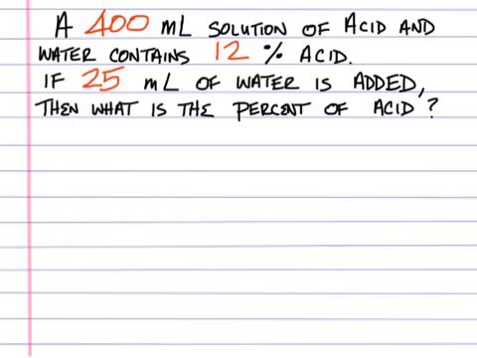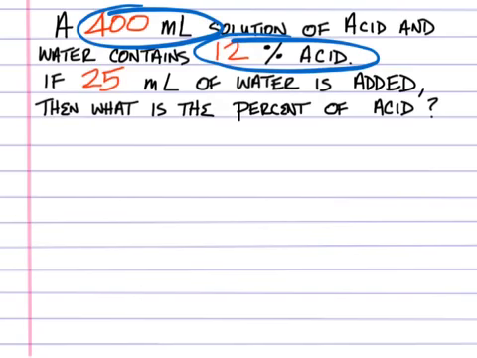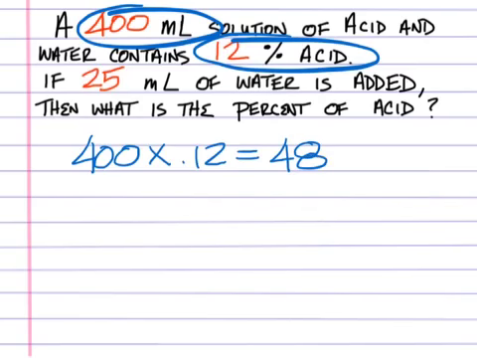Practice number 3. A 400 milliliter solution of acid and water contains 12% acid. If 25 milliliters of water is added, then what is the percent of acid? Solution for the practice problem, let's find out how much acid we have in milliliters. That will be 400 times 0.12, which is 48. That's how much acid we have in milliliters.